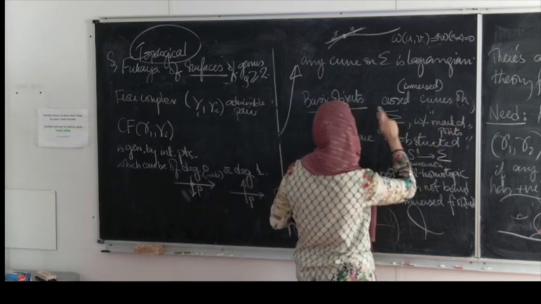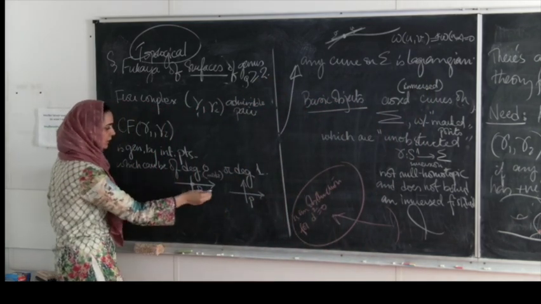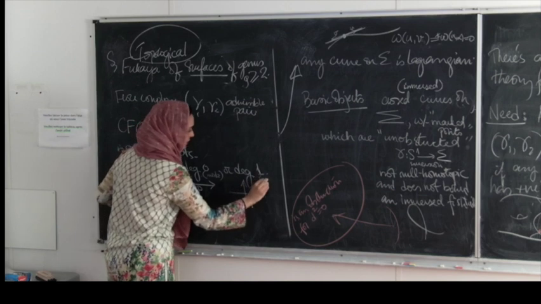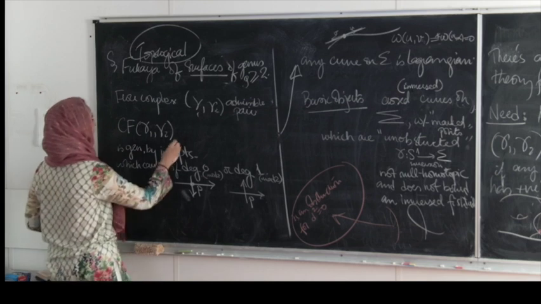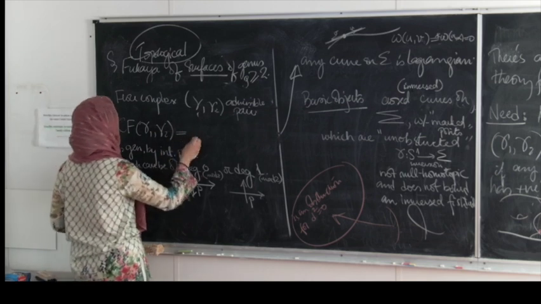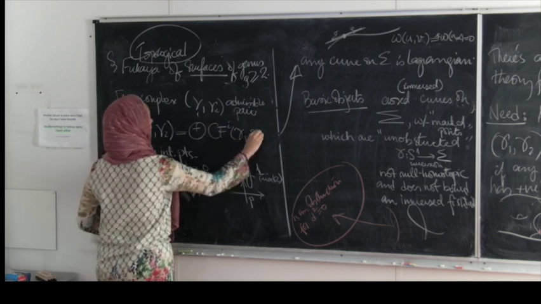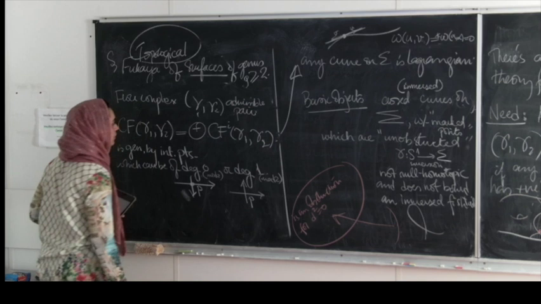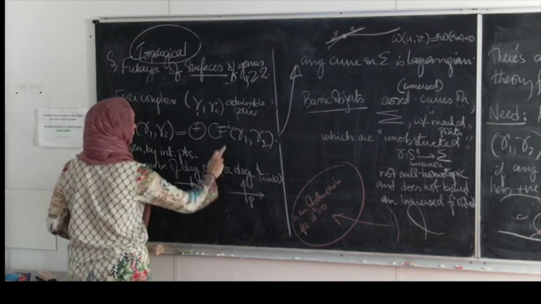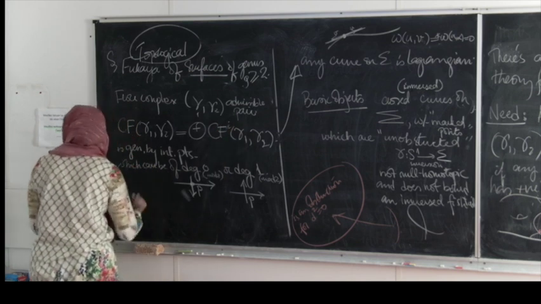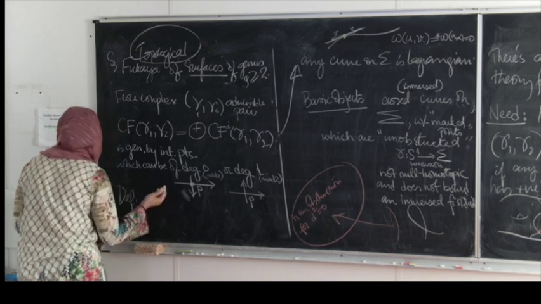So they come about like this. So this is 1 mod 2, odd degree intersection points. Okay, so you have a 2-periodic thing over here. So the sum of CF_i of gamma 1, gamma 2. Okay, so the only possibility for i is 0 or 1. All right, simple.